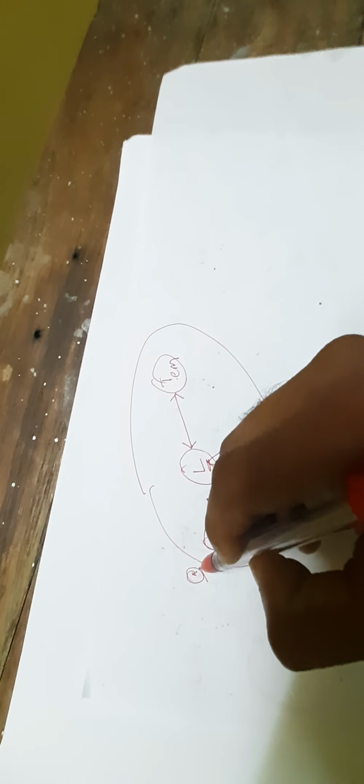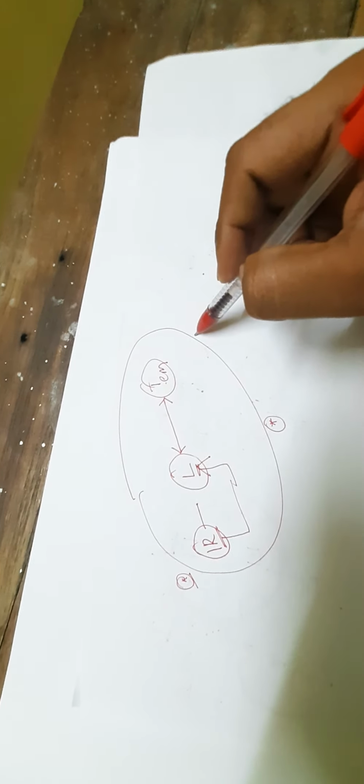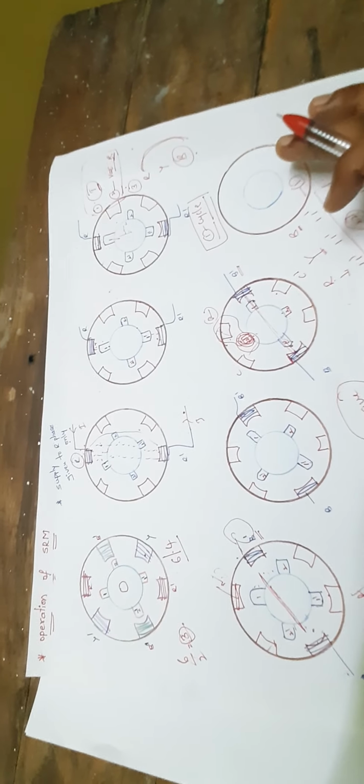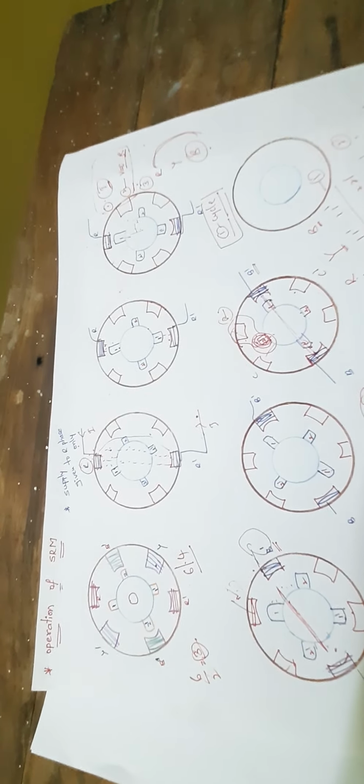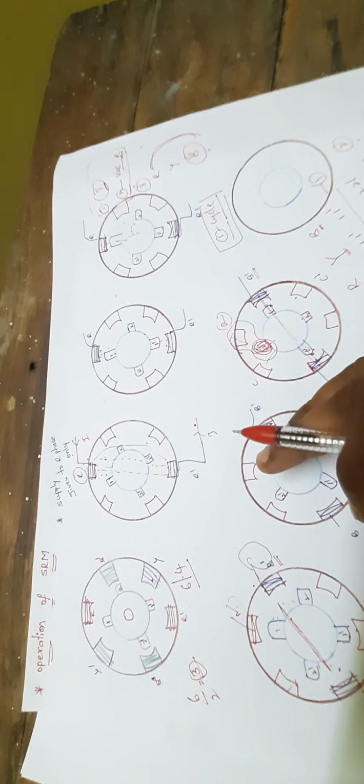Before explaining it, I think you may get confused also. But these are very important things. If we can understand all of this, the operation of the switched reluctance machine is very simple. As I have explained, the switched reluctance machine operation is similar to the induction machine, synchronous machine or DC machines.